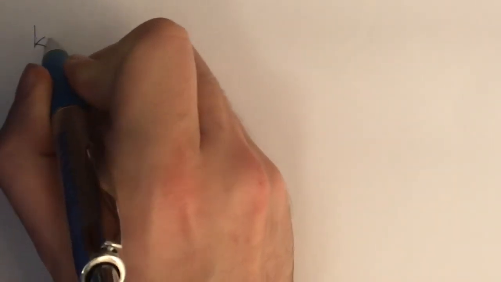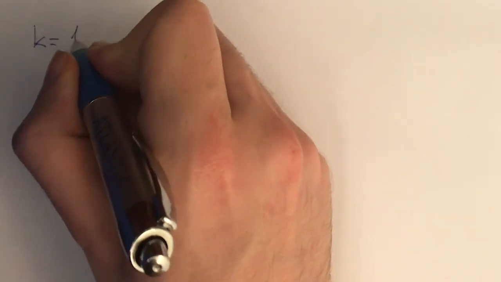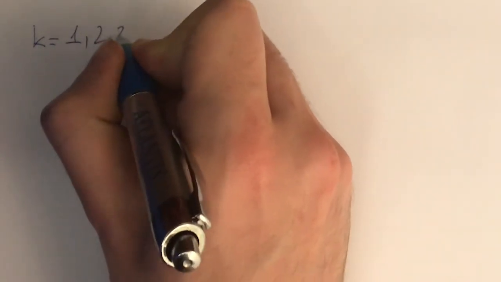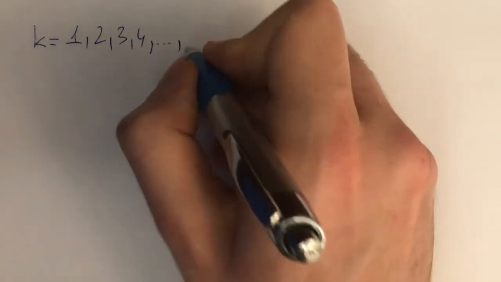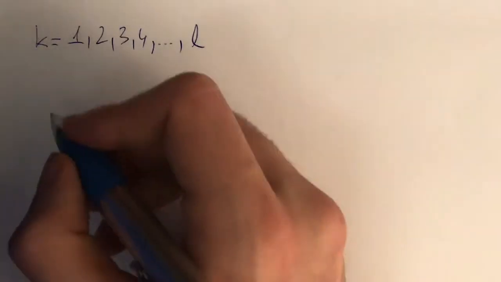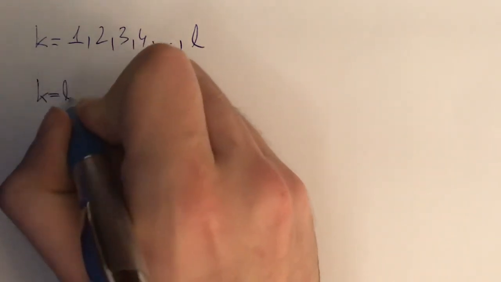Let's do that now. The way we would formally prove this is via induction on k, which is basically what we've been doing. For our base, we know that this is true for k equals 1, 2, 3, 4. Let's assume it's true for all k up to some L, and now we try to prove that the claim is also true for k equals L plus 1.